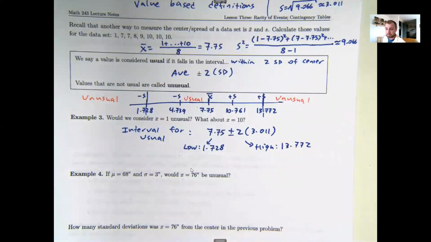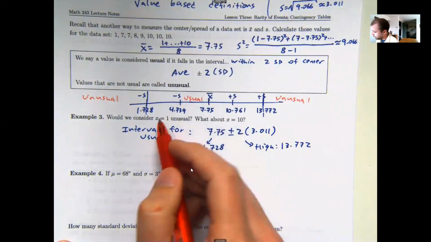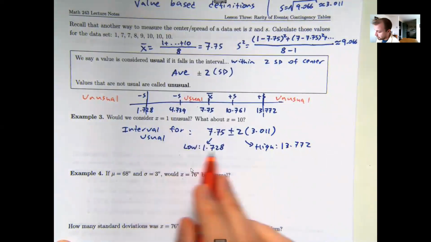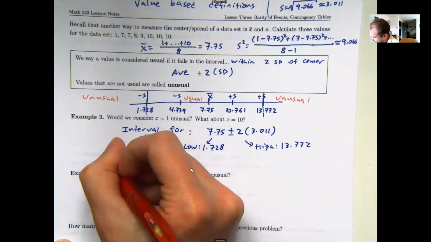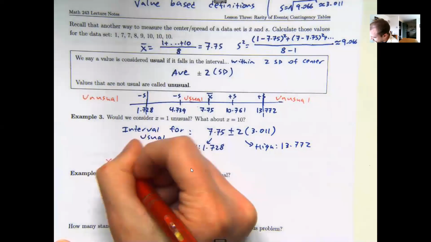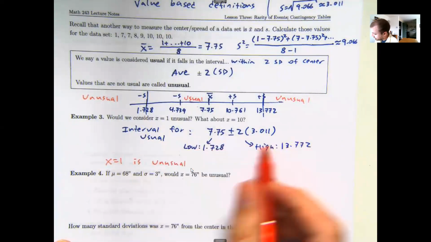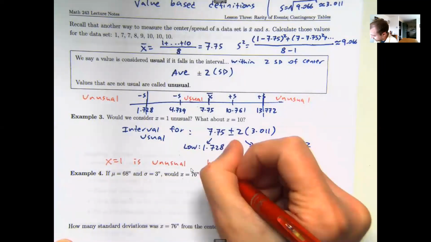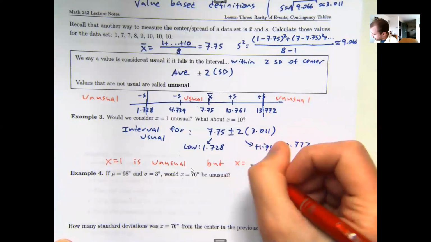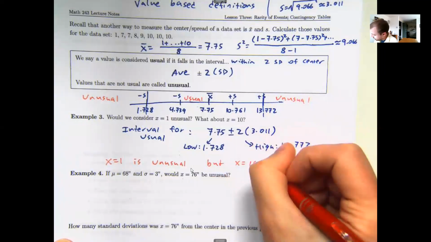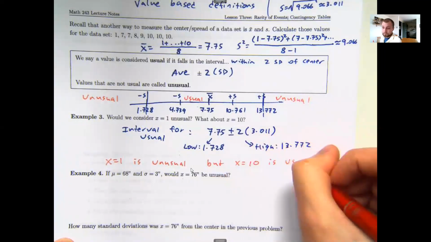Anything outside of this is unusual. Looking at 1. 1 is smaller. It's not inside of this interval. So this would tell me x equals 1 is unusual. And in contrast, 10 is inside of this. So x equals 10 is usual.